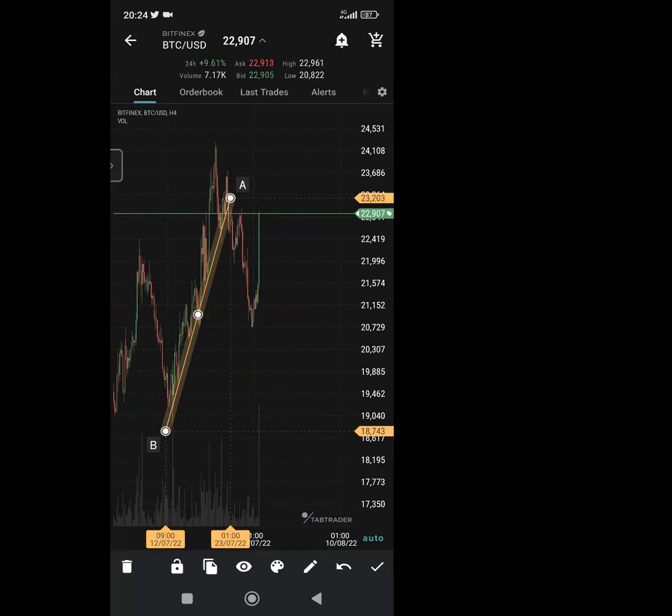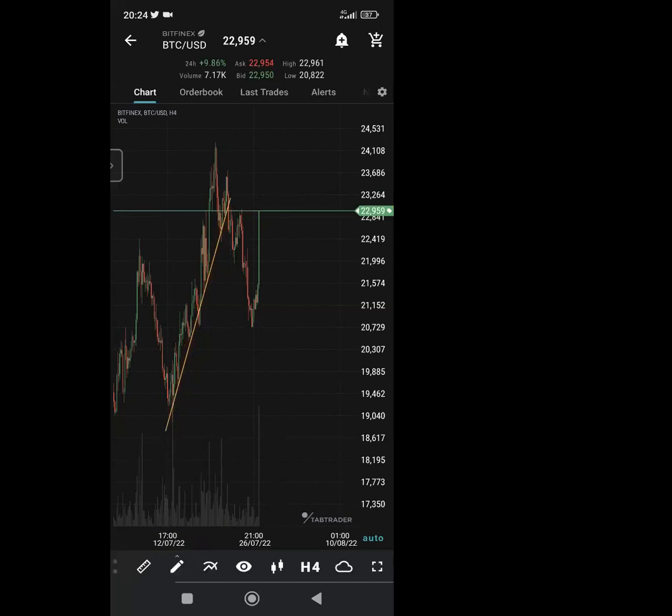All these things you get to understand by the way the buyers react at different key levels, key price zones. You'll be able to decipher these things and know what is happening.